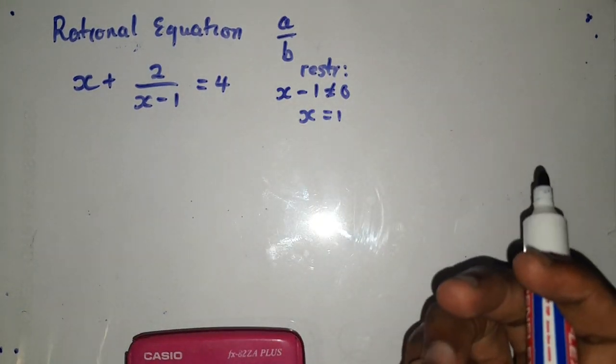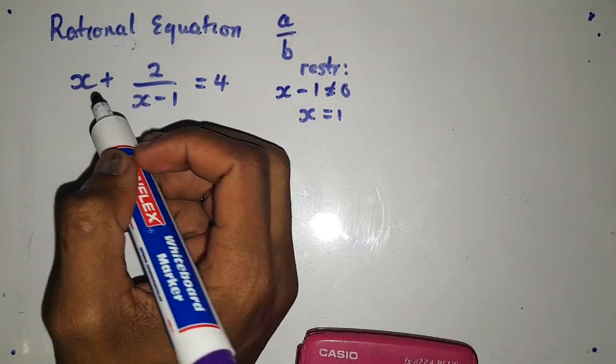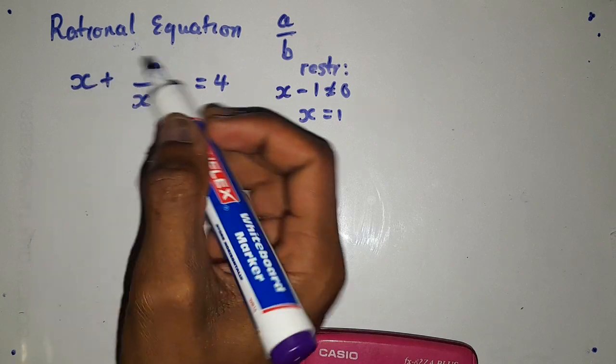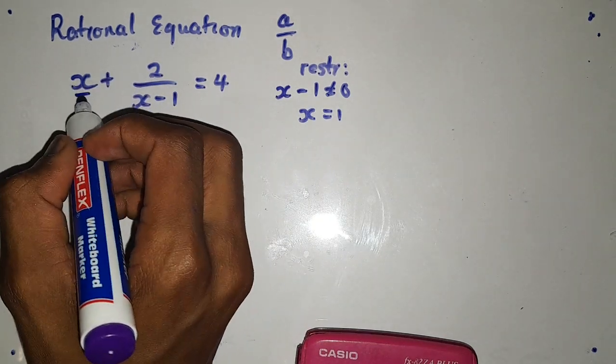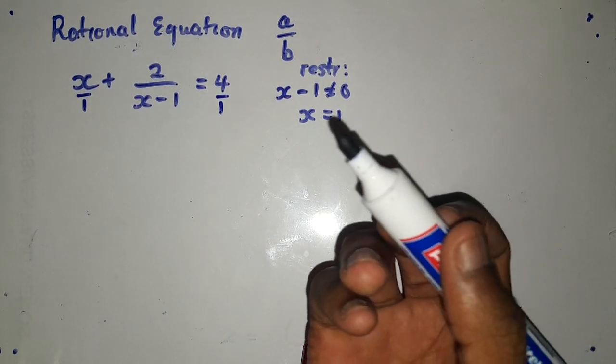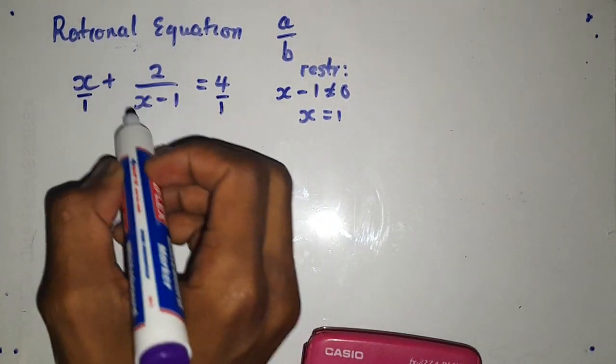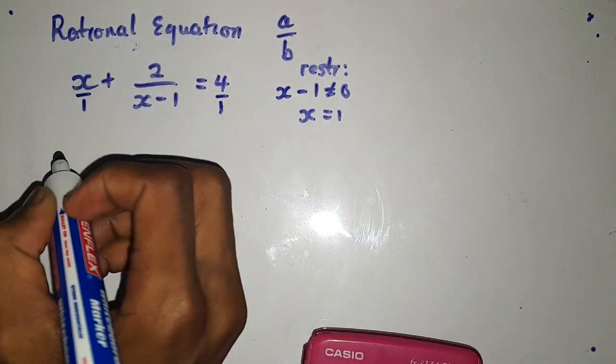Immediately after figuring out the restriction, we can then determine the LCD. The 2 is over 1, so it is much simpler. Our LCD is going to be the x minus 1 expression.